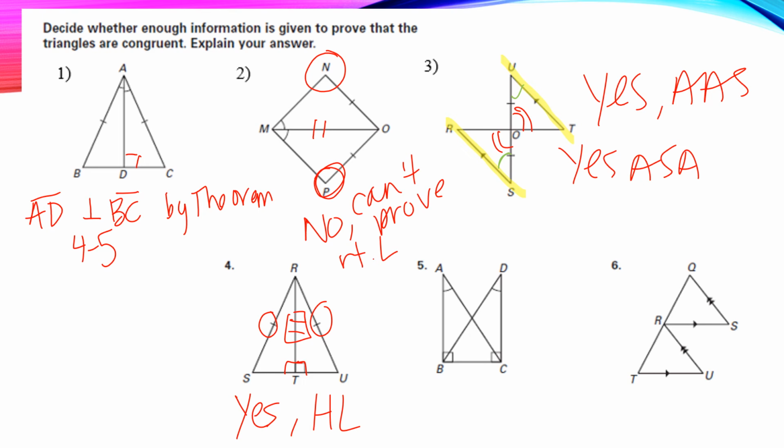Then for number 5, I have 2 different triangles here. Some of you might find this hard to see, so again, if you need to use colors, colors tend to always help. Look at where those 2 colors overlap. BC is congruent to BC because of the reflexive property.